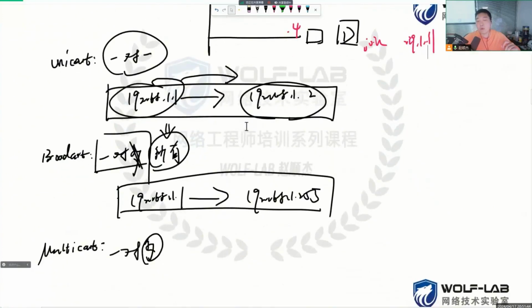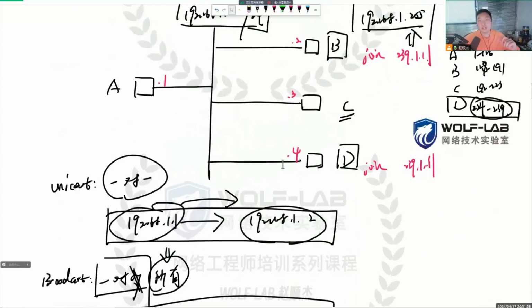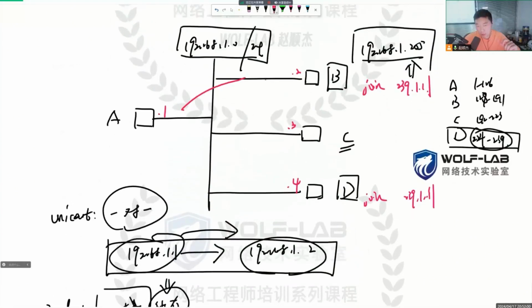Only members who have joined this group can unpack this data traffic and see the message inside. Those who are not in the group, even if they receive the packet, can't see this data traffic. This is multicast, students.